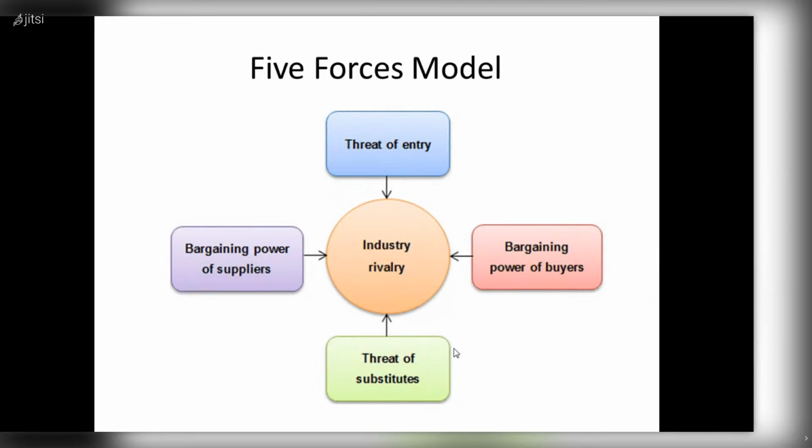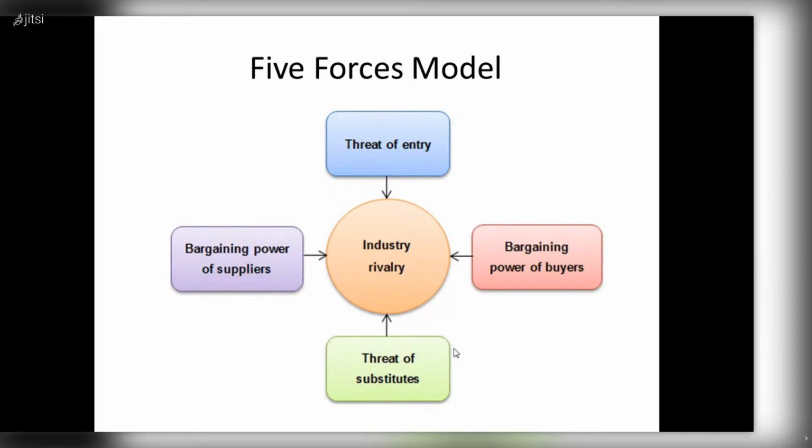Bargaining power of buyers. Buyers have the power to demand lower prices or higher product quality from industry producers when their bargaining power is strong. Lower price means lower revenues for the producer, while higher quality products usually raise the production costs. Both scenarios result in lower profits for producers.